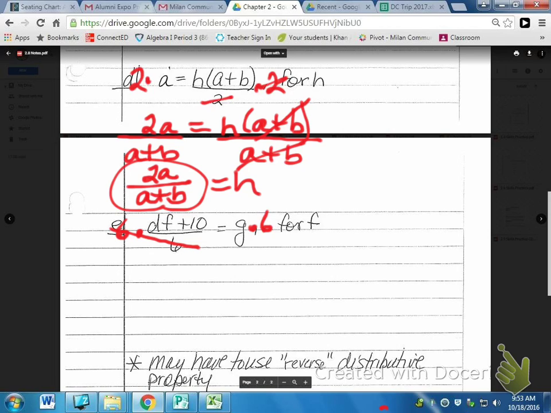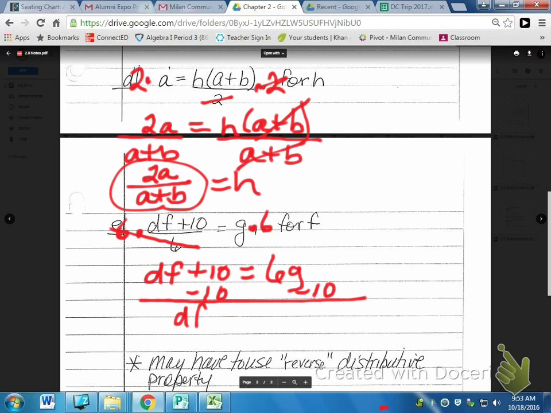Then you subtract 10. Well, what do I bring down? Oh, you bring down DF plus 10 equals 6G. Okay, and now you subtract both sides by 10. Draw my line. What do I bring down?